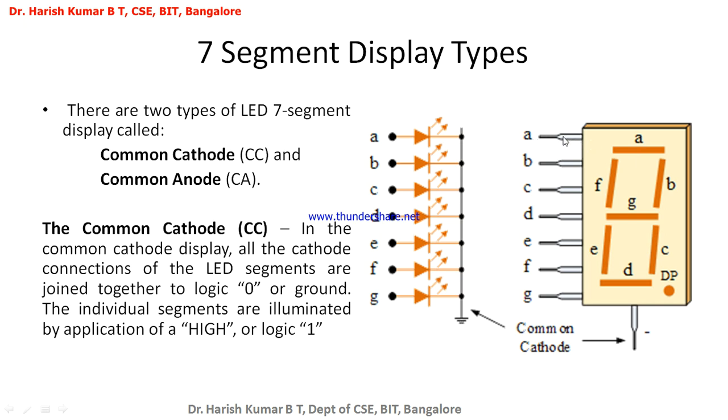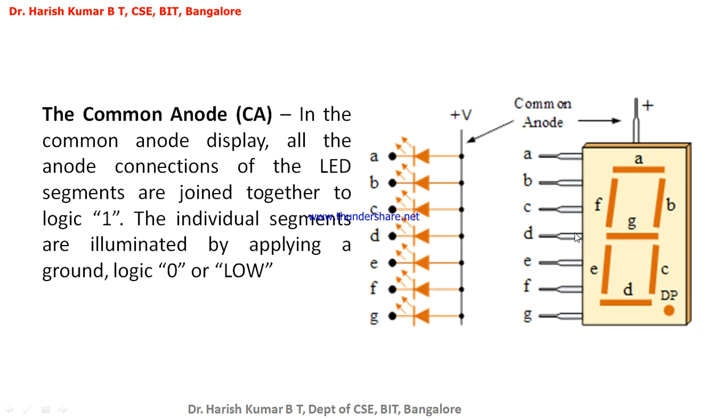That is what we do in common cathode. If you want to make any segment glow, the corresponding anode terminal must be given logic 1.